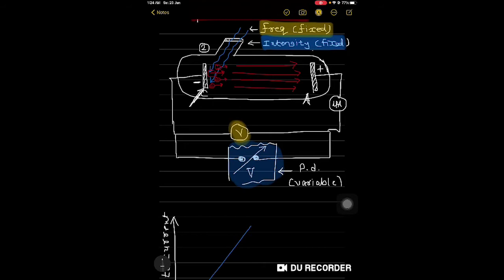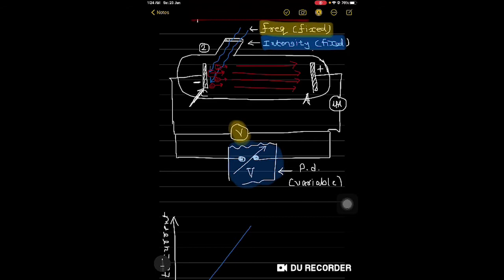Here I consider the frequency to be small f, and we increase the potential of A gradually and measure the resulting photocurrent each time. It is found that the photoelectric current increases with increase in accelerating or positive potential.